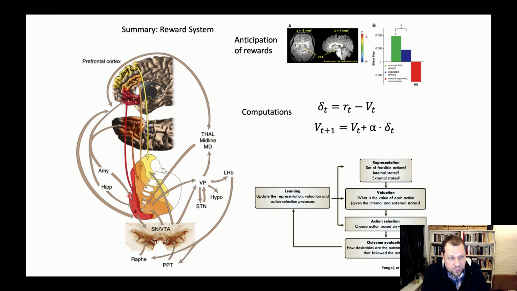The one that we talk about most will be ventral tegmental area projections to the ventral part of the striatum, which then projects on further to ventromedial prefrontal cortex and orbitofrontal cortex.